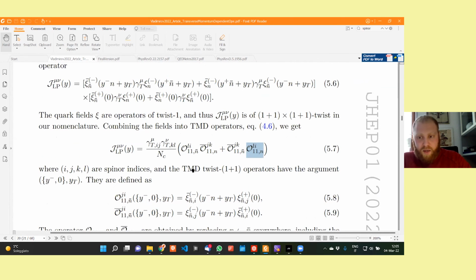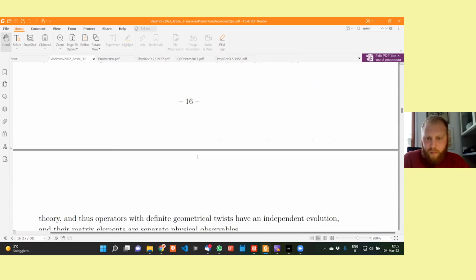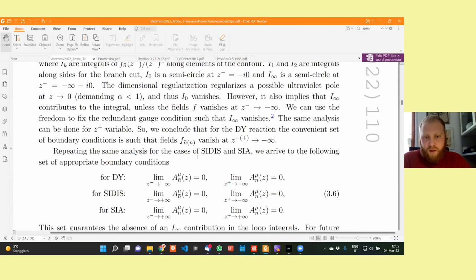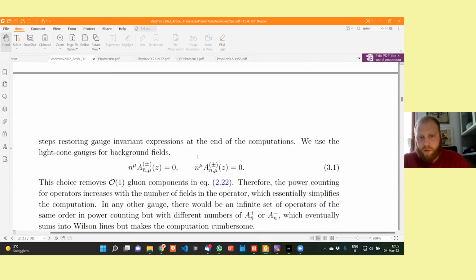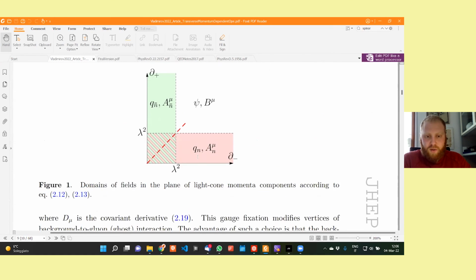By the way, I said that, and then I will leave you. I said that you can separate between n and n bar fields, but this is okay if their momentum is large, but there is a region in which their dominant component of the momentum is not so large. And if I can find the picture here.